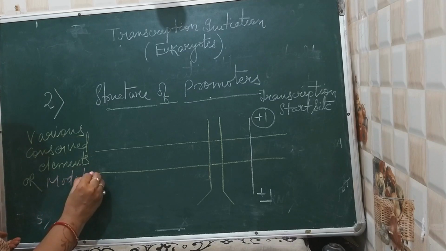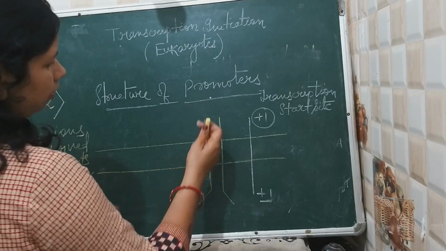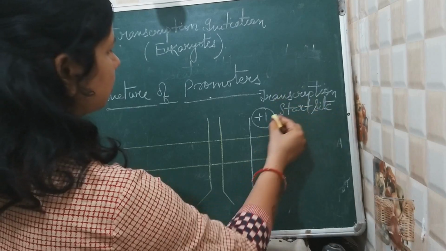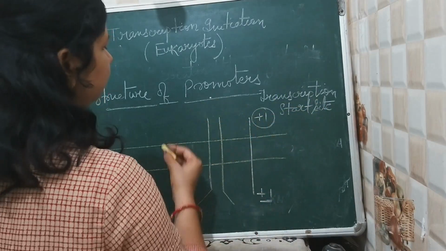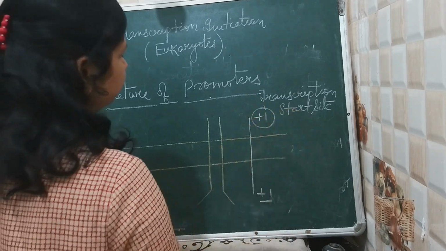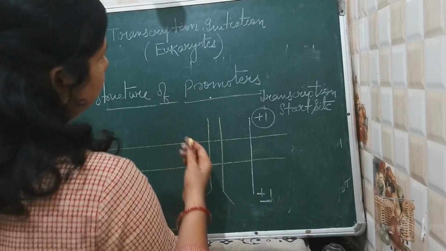So the first conserved element, which is closest to the transcription start site designated as +1, is the site from where the transcription process begins, when RNA polymerase recognizes the promoter and binds upon it.